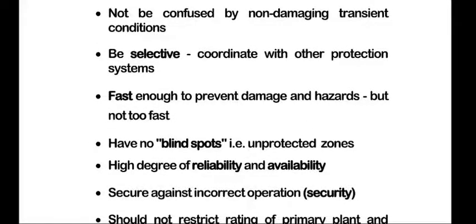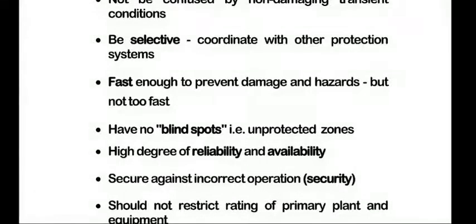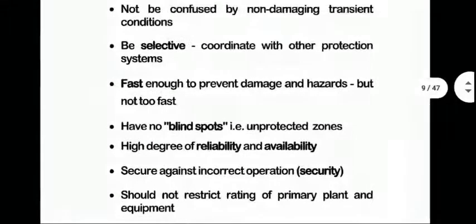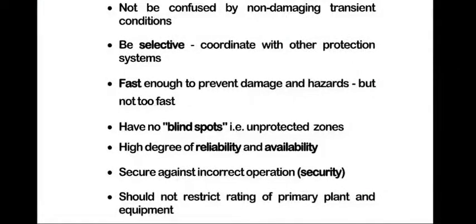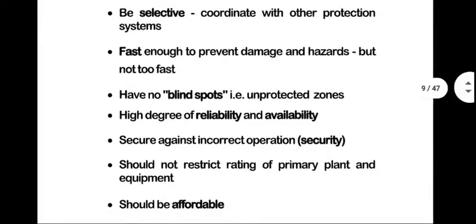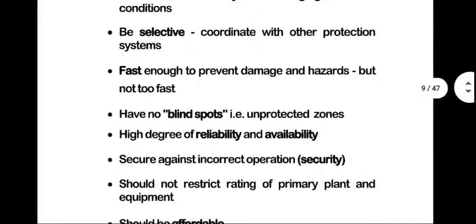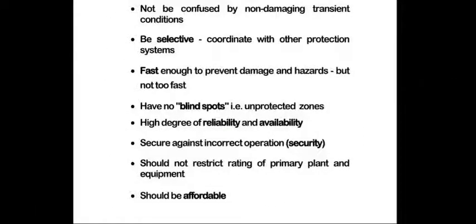No unprotected zones or unprotected areas in the power system should be there. Everything should be looked at when designing protection. Reliability and availability, of course. If there is incorrect operation by the operators, it should not lead to catastrophe. There should be built-in security against human errors as much as possible. And it should be affordable economically. It should not be costing too much money as well.